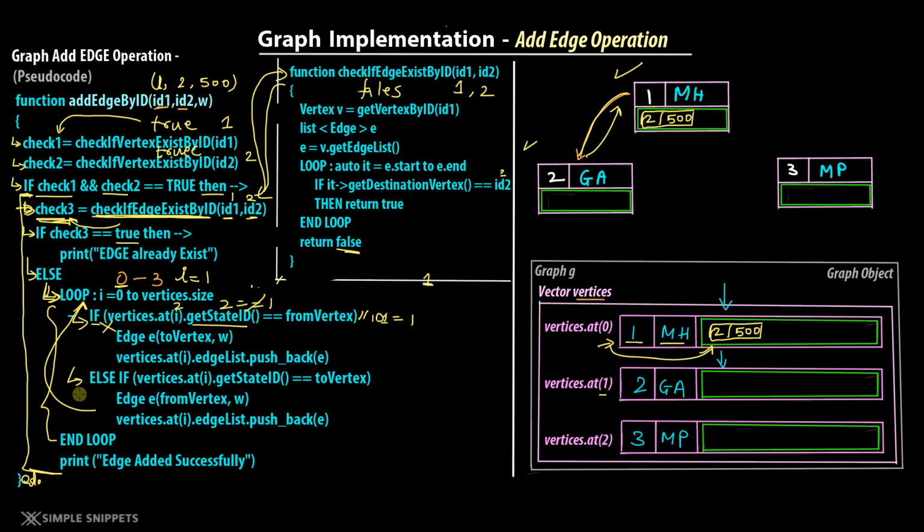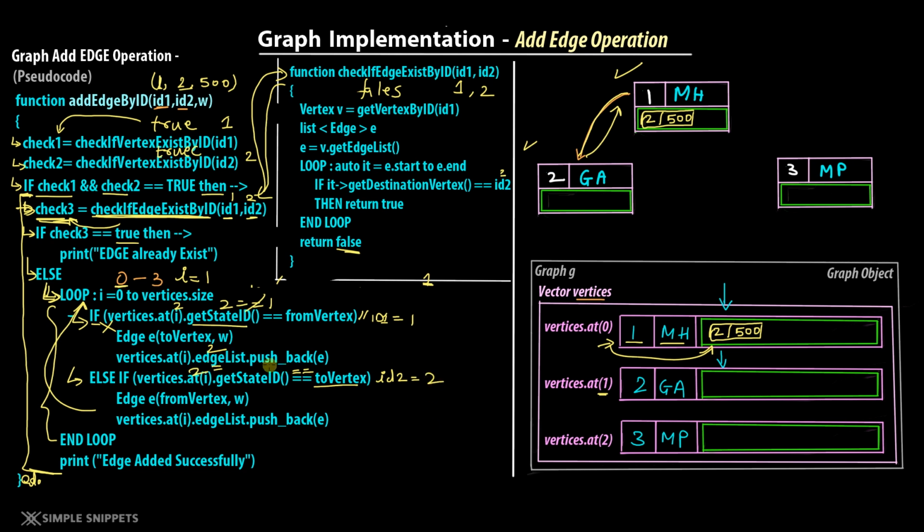Now we'll go to else if. In the else if, we will check if vertices at get state ID, which is again vertices at 1, and get state ID will return us 2 over here. Is it equal to 2 vertex? What is 2 vertex now? 2 vertex is nothing but ID 2, which we have passed initially as 2.